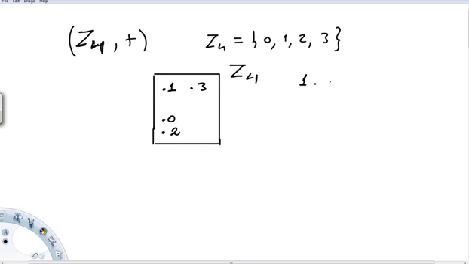So this is a group under addition because the operation is associative, right? You can pick any of these elements and add them in any order you want. Okay, so these are the axioms for a group, right?